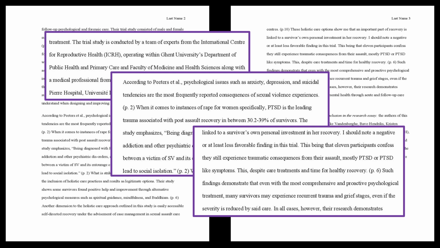So if you notice in this last slide, you see, I should note a negative. This, despite the treatments, this language that shows you these are my thoughts on this topic.